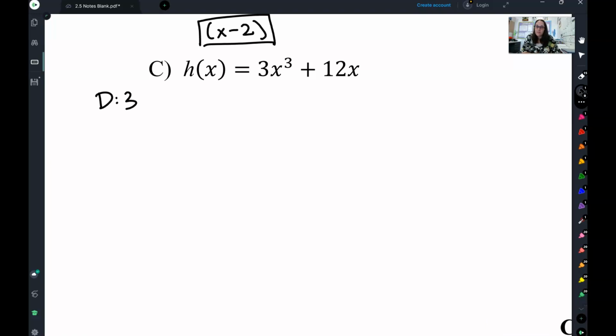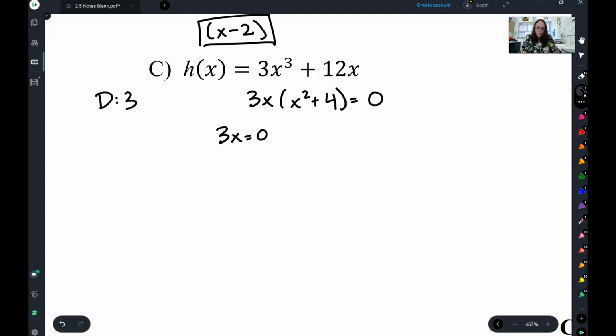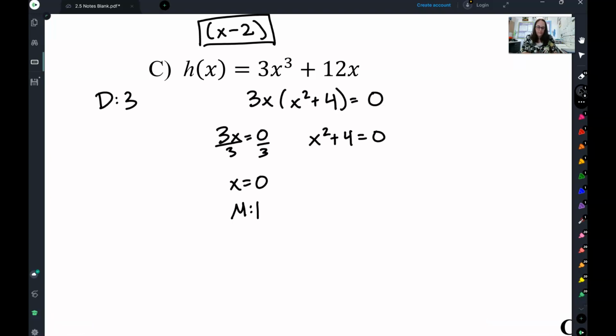So let's factor and see what we can get. I notice that they have a 3x in common, so that gives me an x squared plus 4 left. I set these equal to 0 to find my zeros. And I have 3x equals 0 and x squared plus 4 equals 0. So there's one of my answers, has a multiplicity of 1 because that's the exponent on it.